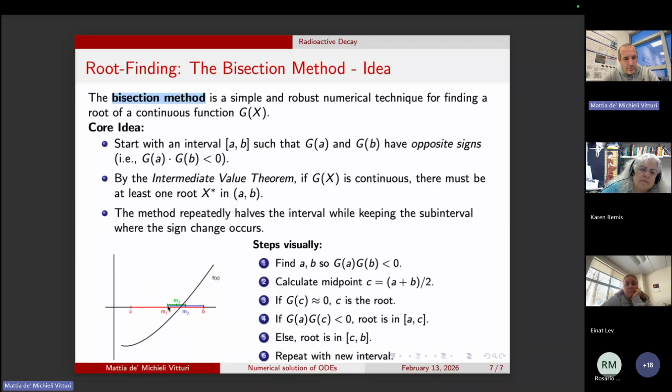Then we take the middle point and we look in the middle point if the function is negative or positive. If it's negative, then we can restrict now our search to the right half of this interval. So we know that in this point M1 the function is negative, in B is positive.